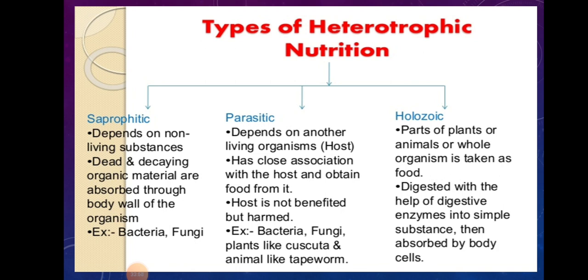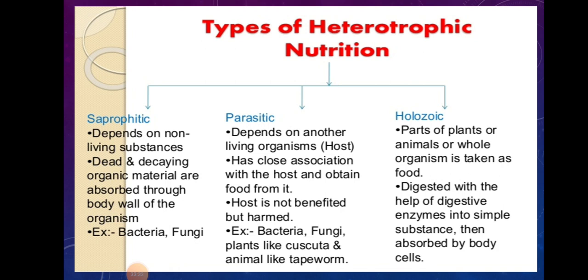They do not kill the host, they only derive nutrition from it. The host is not benefited, but at times it is harmed. In case of parasites, there is no benefit obtained by the host, it is only harmed. Examples are bacteria, fungi, plants like cuscuta, and animals like tapeworm. Okay, so now let's move on.